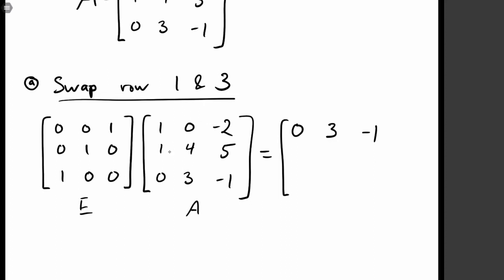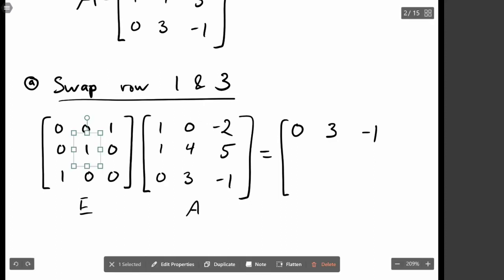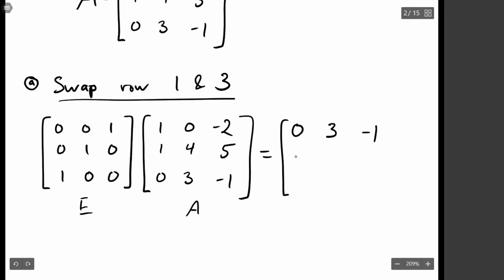0 times 1 plus 1 times 1 plus 0 times 0. That's 1. 0 times 0 plus 1 times 4 plus 0 times 3. Here's our 4. And minus 2 times 0, 5 times 1, 0 times negative 1.